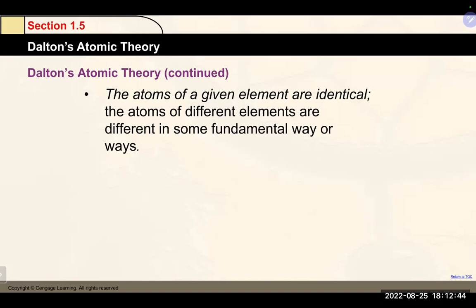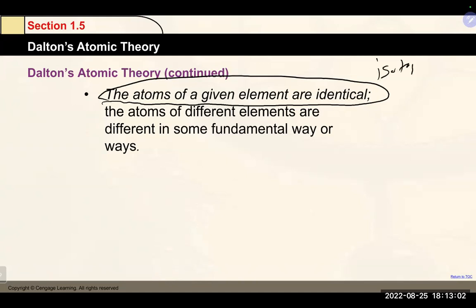This is one of the things about Dalton's atomic theory that is not correct today, that atoms of a given element are identical to each other. The existence of isotopes disproves that.